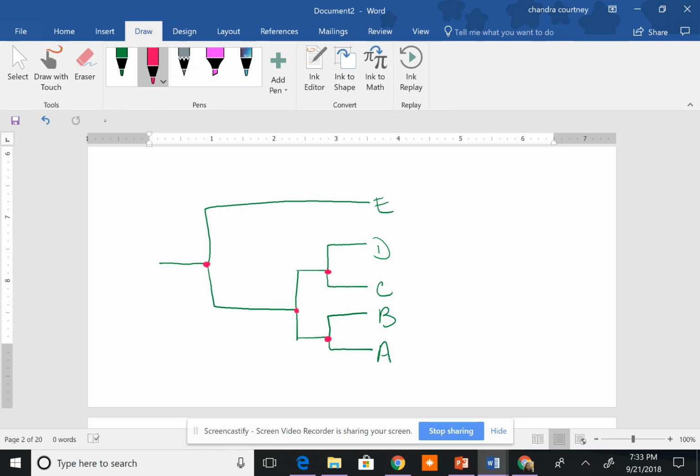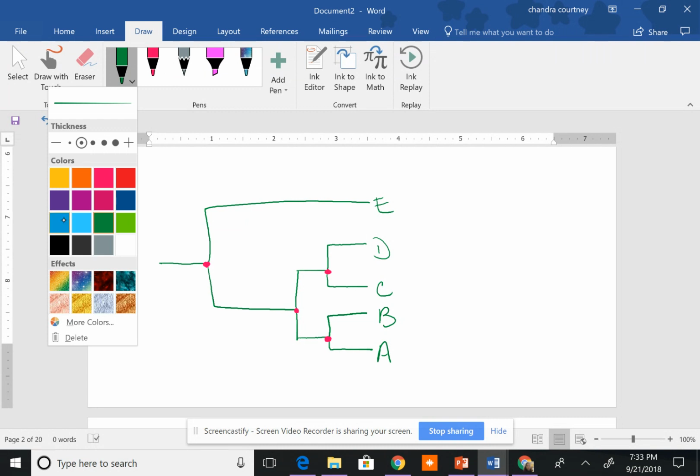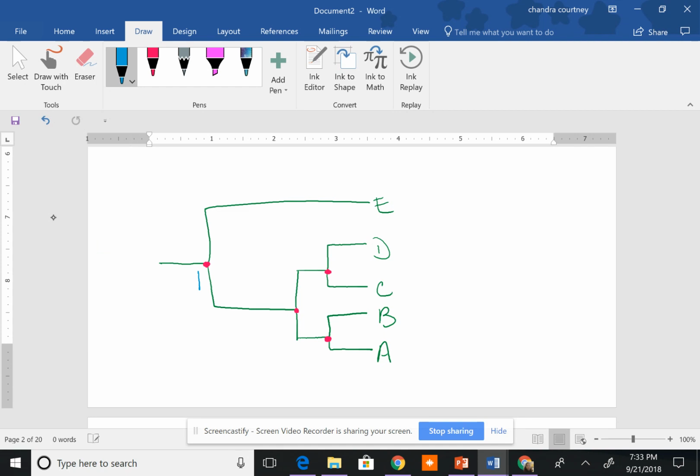Let's go through and label those. Let's call this one 1, 2, 3, and 4. Okay. So different branch points are going to give us different bits of information.